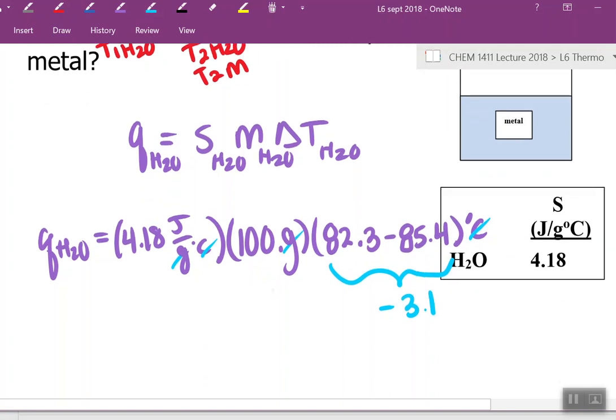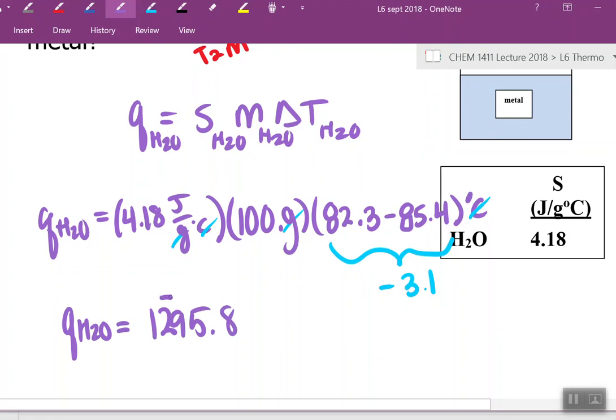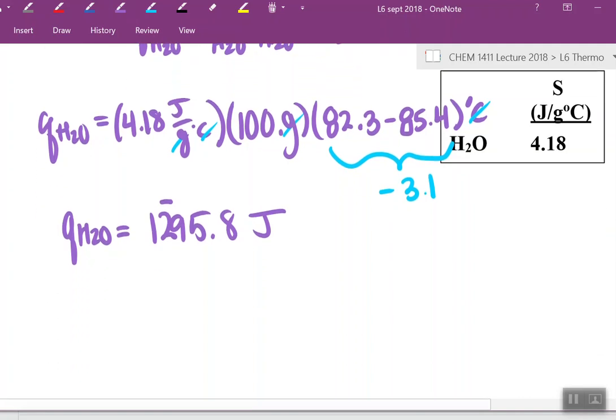So we know we need to drop down to just 2 sig figs for our answer. I'm going to keep more digits here, but know at the end to round off for 2.